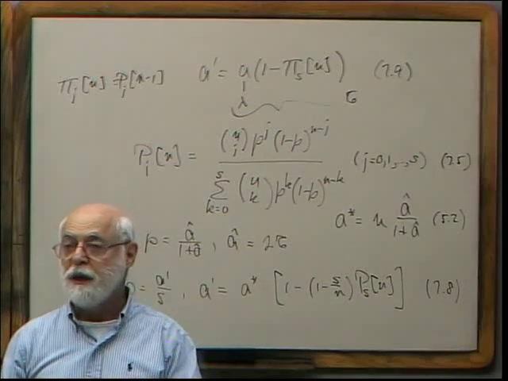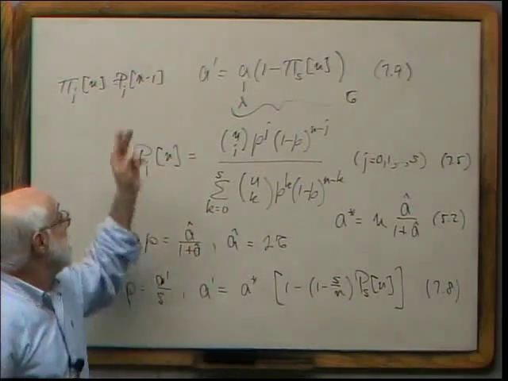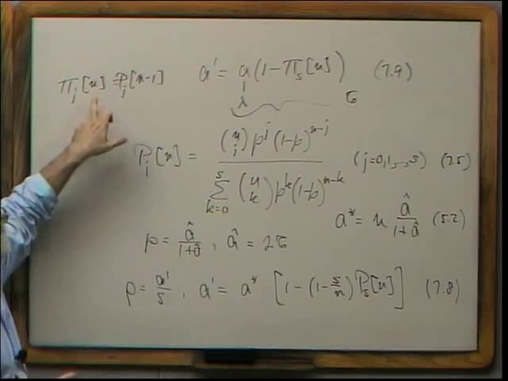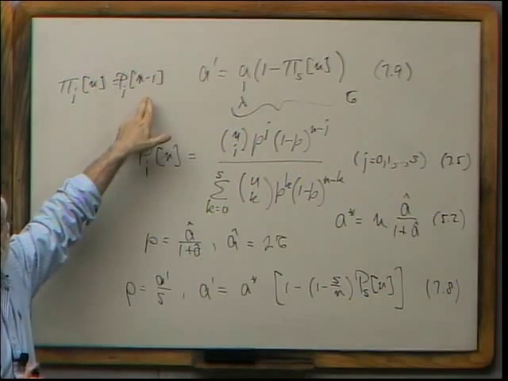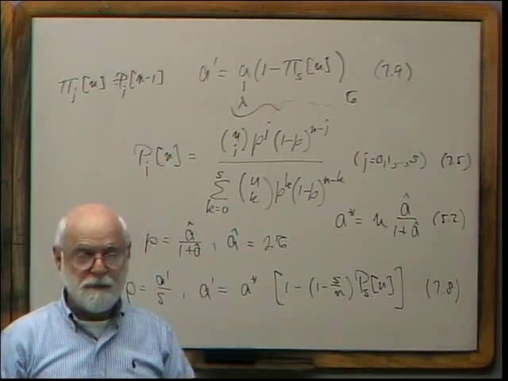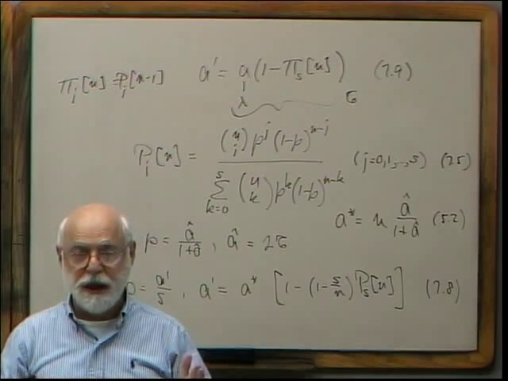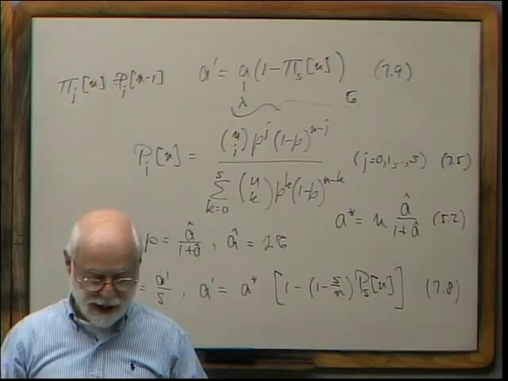That's the PASTA theorem. Here we don't have Poisson input, so these things are not equal, but it turns out that if you replace the n by n minus 1, then it works, and we proved that in class. So what I'm asking you to do is to verify that by calculating what the theory predicts and then comparing it with simulation. And of course, if you do it right, everything will work out.